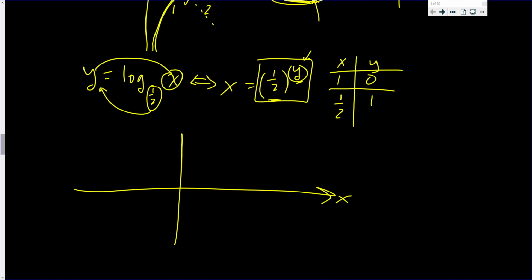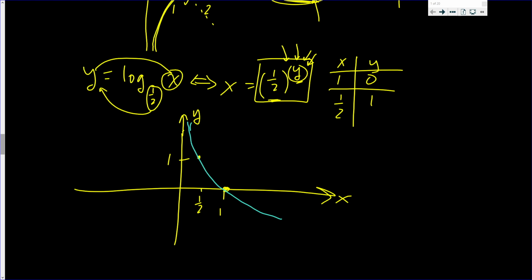Just remember that this time we're getting closer and closer to the y-axis. Okay, so when x is 1, I go up 0. But when x is a little bit less, I go up 1. And I hope it's clear that to get closer and closer to the y-axis is going to go like that.